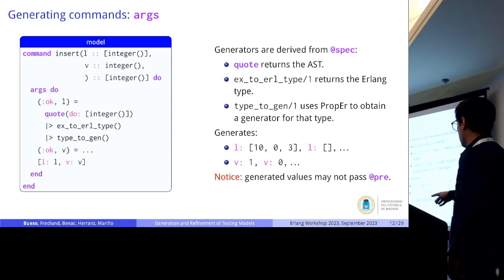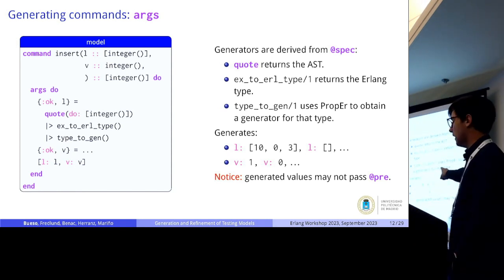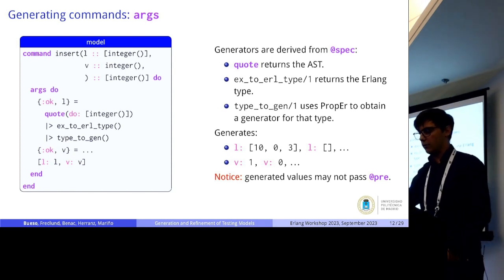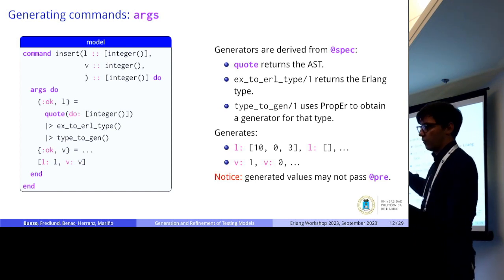Notice that with this way of generating commands, we could generate lists that will not pass our precondition contract, because we are not generating sorted lists, we are just generating lists of integers.